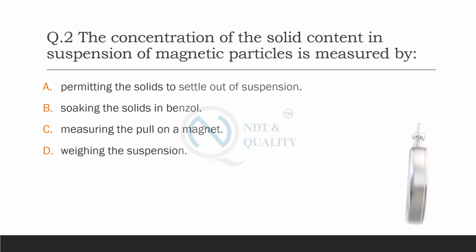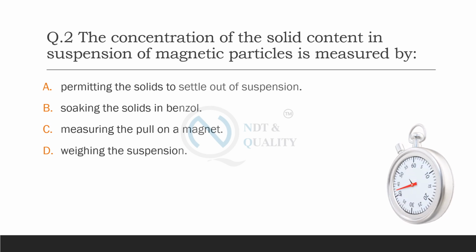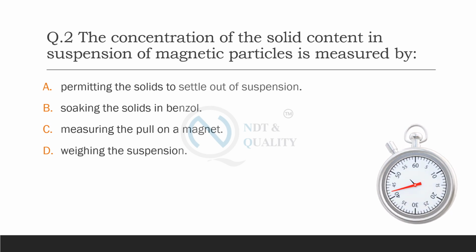The four options are: A, permitting the solids to settle out of suspension, which we call a settling test; B, soaking the liquid in benzol; C, measuring the pull on a magnet; D, weighing the suspension.